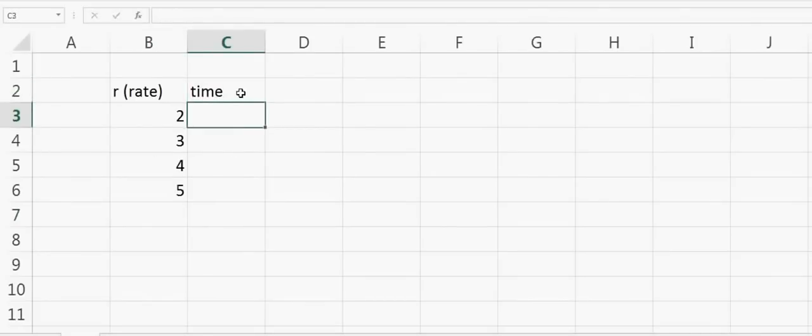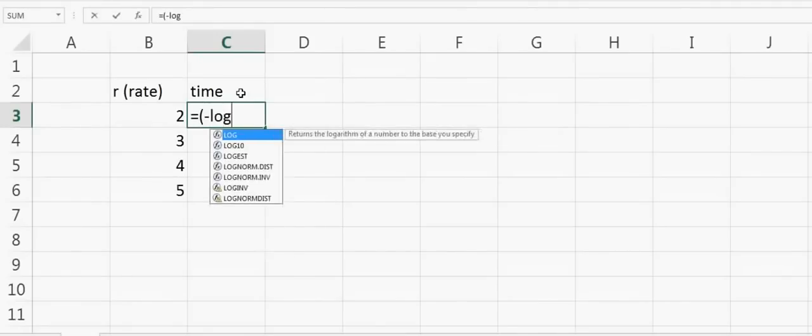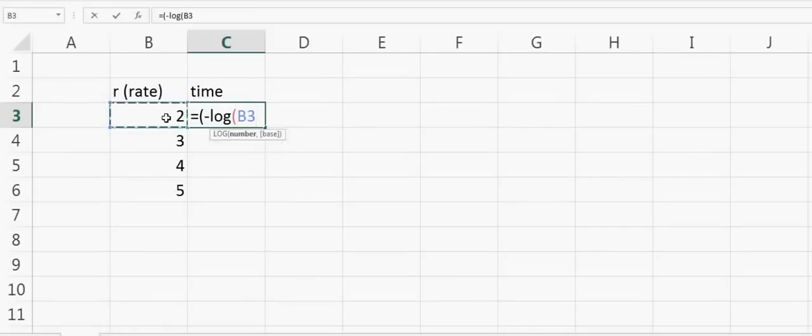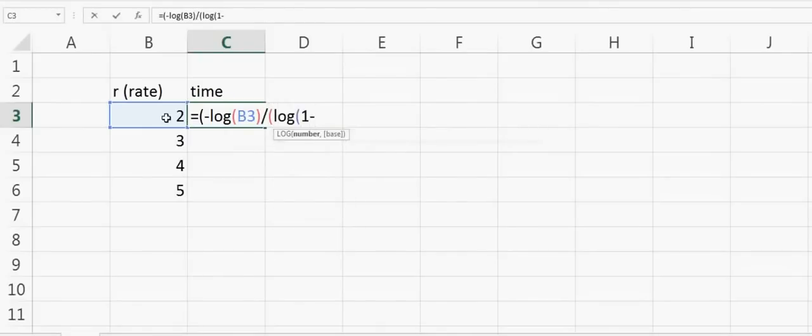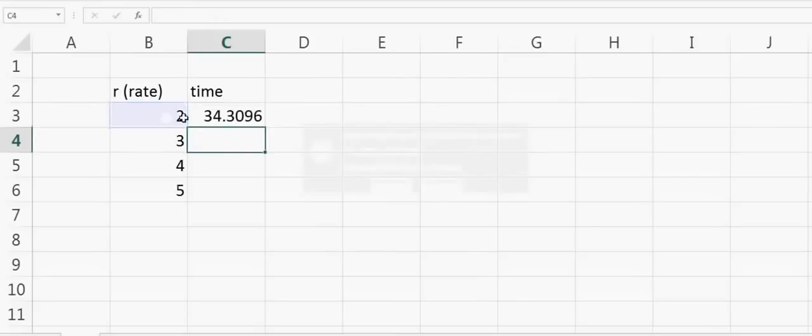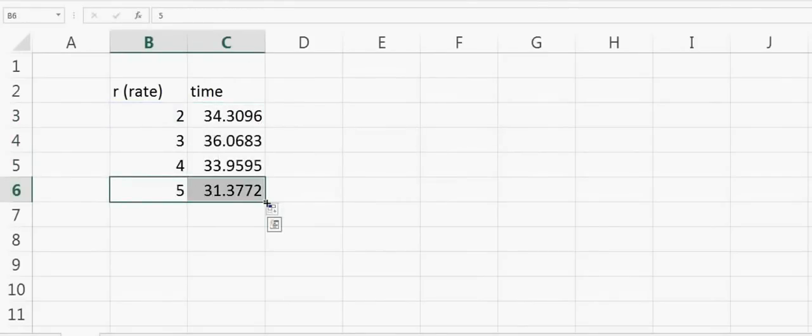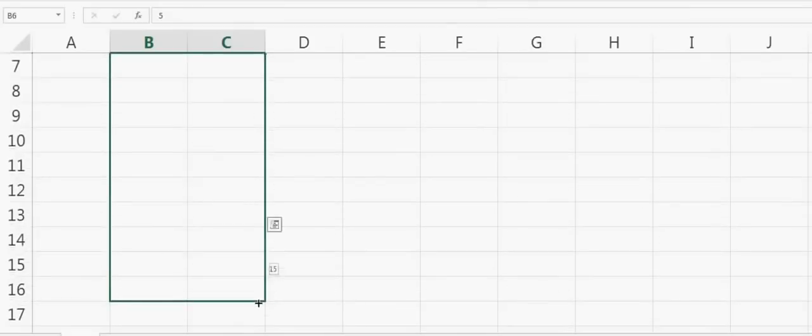So the time for your money to become half will be equal to minus log of 2 divided by log of 1 minus R. I'm dividing the rate by 100 because it's in percentage, and that's your time. So we can do the same thing. You can keep copying this formula until 15.